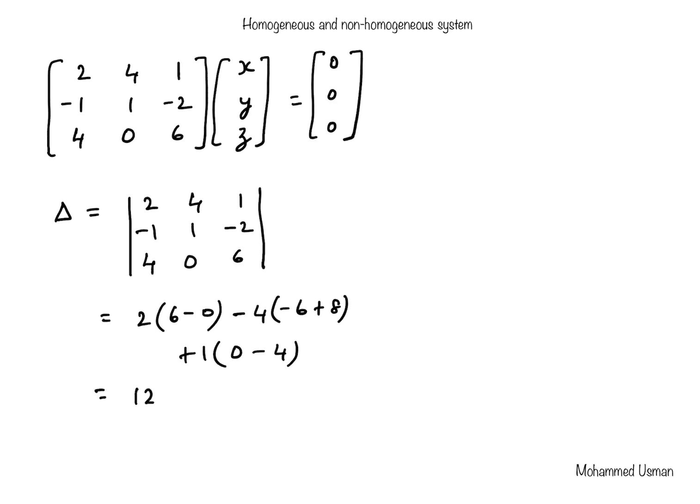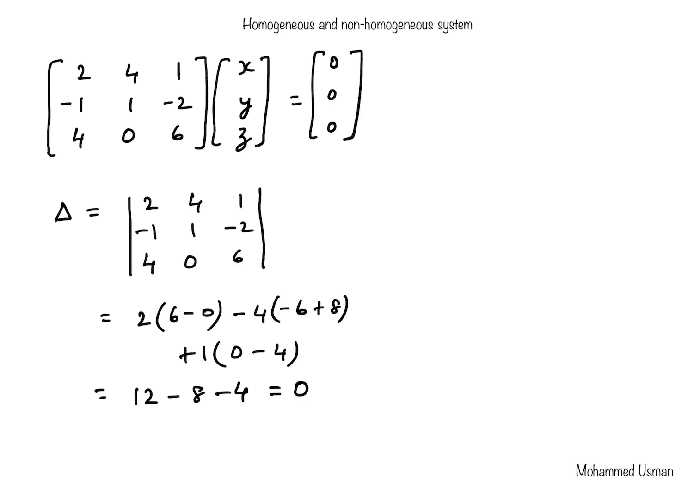So what do you get? 2 times 6 is 12. 8 minus 6 is 2, and minus 4 into 2 is minus 8. And 1 into minus 4 is minus 4, which is equal to 0.